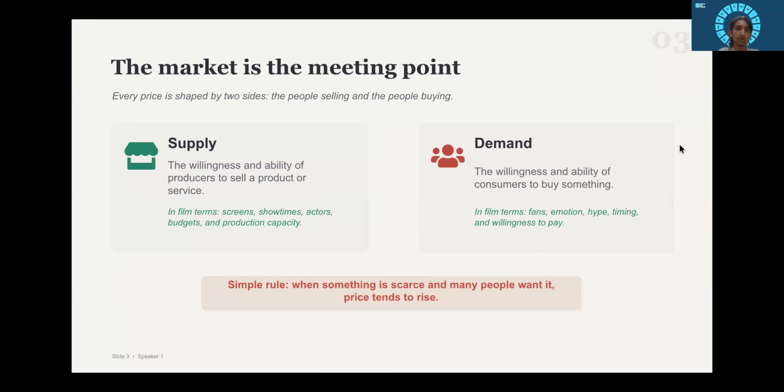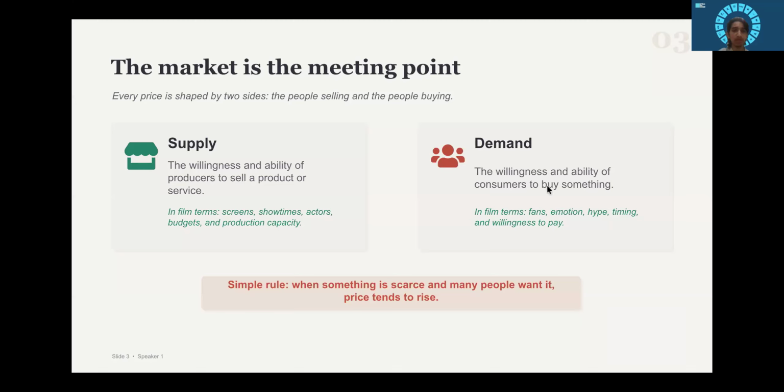Next one. Okay, the first concept is supply and demand. Supply is how much producers are willing to sell, and demand is how much we, the consumers, are actually willing to pay for the thing that the suppliers are able to sell. When something is scarce and a lot of people want it, the price goes up.